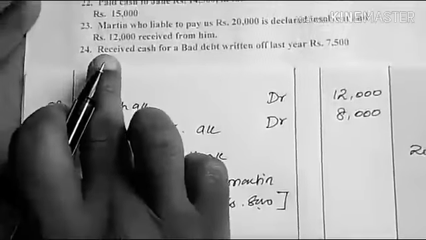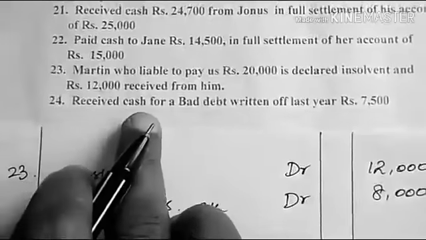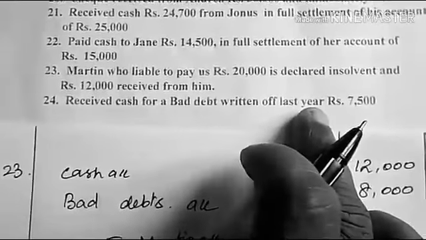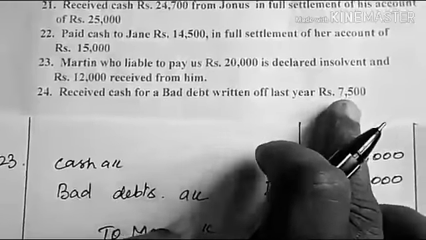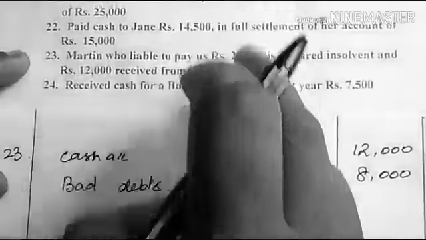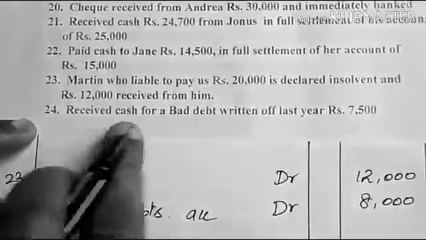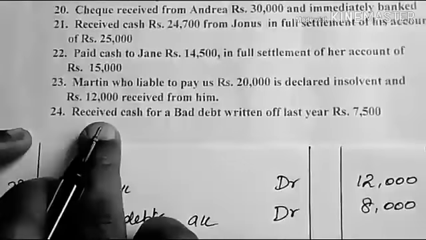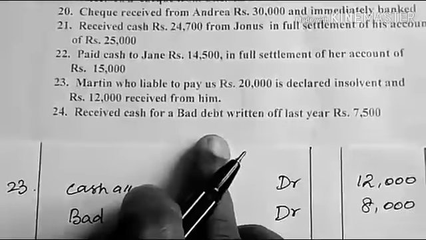Then the last transaction: received cash for a bad debt written off last year. This transaction is different. This bad debt belongs to last year. Now you have received it, sometimes it may happen.